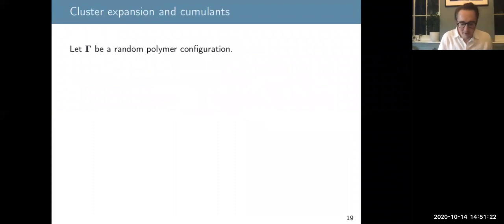So let's go back to our polymer model, and let me try and understand the number of defect vertices. Let gamma be a random polymer configuration. Remember what that means: that was this collection of defects that I chose at step 2 in my mu hat distribution.